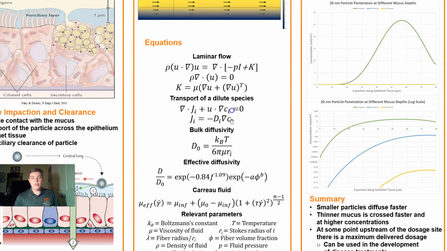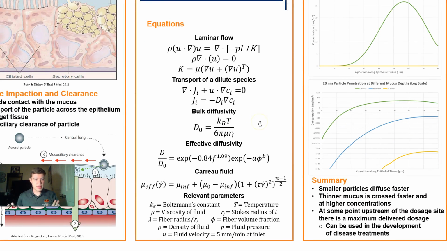Now, looking at some of the differential equations that we use to govern the system, it's a complex set of mathematics that goes into physically describing this system. But I would like to point out one in specific right here, our effective diffusivity equation. And that is because we have two components there that give us how this particle is able to diffuse through the mucus, if at all.